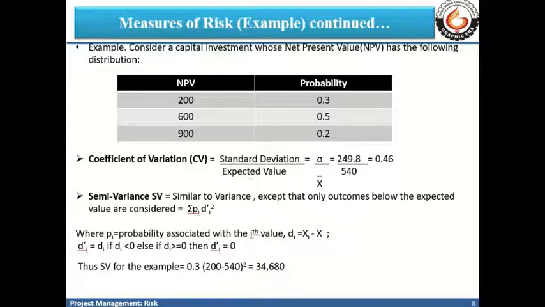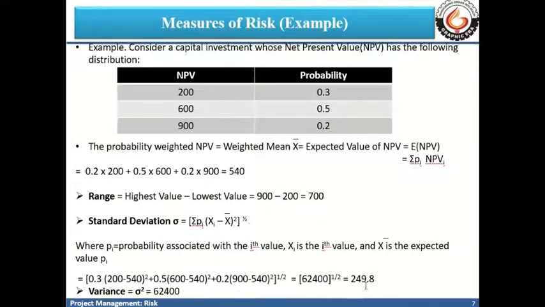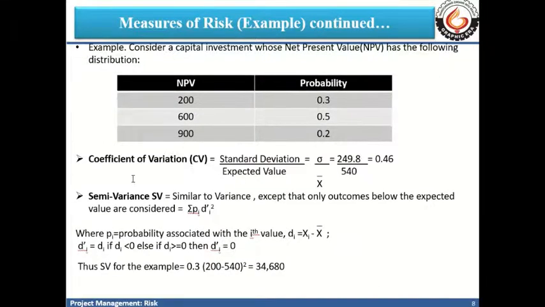We have already calculated the standard deviation as 249.8 and the expected value as 540. If we take the ratio, 249.8 by 540, we get 0.46. So the coefficient of variation is 0.46 for this project example.